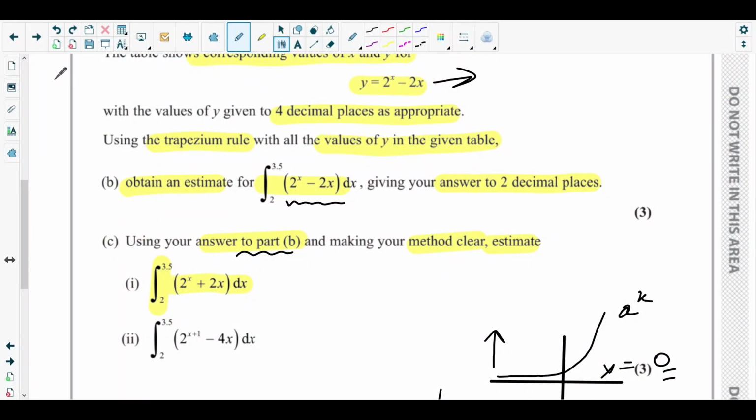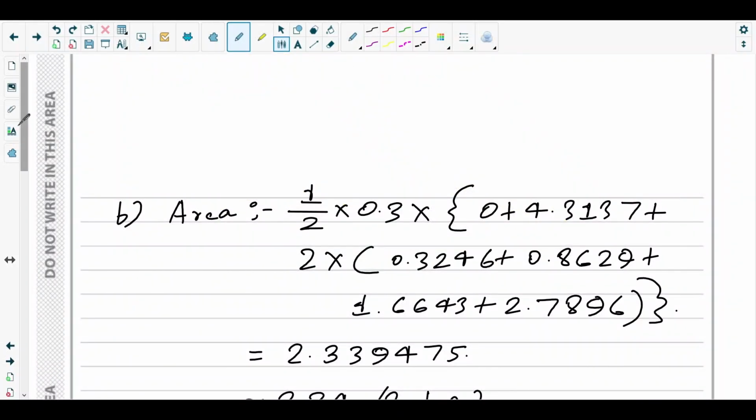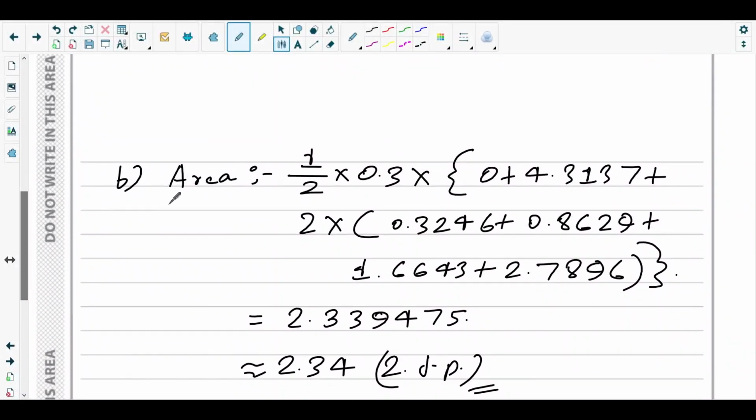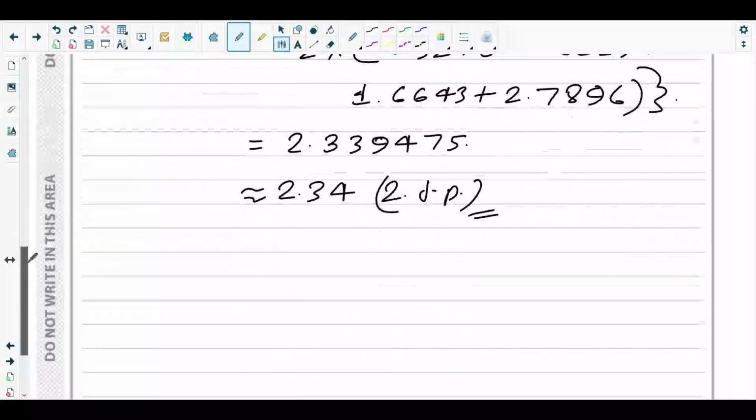From part B we got the integral, it was not supposed to be the area, it is basically the integral, from 2 to 3.5 of 2 to the power x minus twice of x dx, and this equals that. Please correct it.